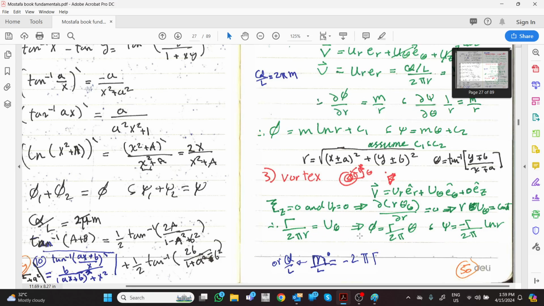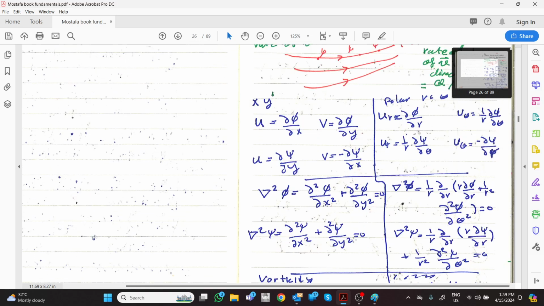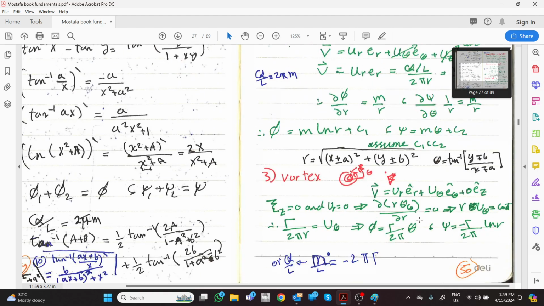And from it, we understand that phi equals u theta, integrate or differentiate here. d phi is r u theta del theta, r u theta del theta equals phi, so integrated, it will be r u theta theta equal to phi.